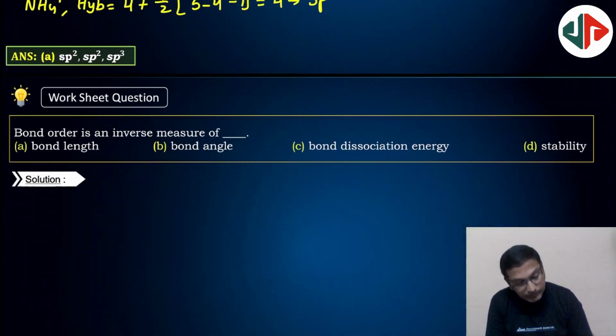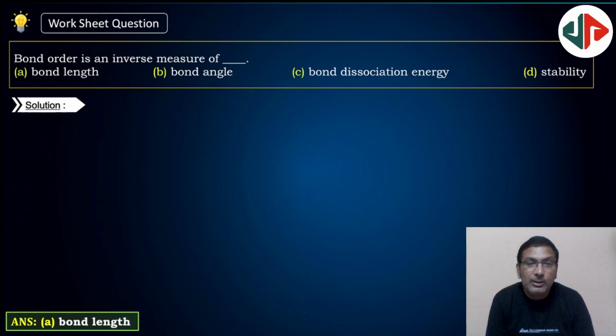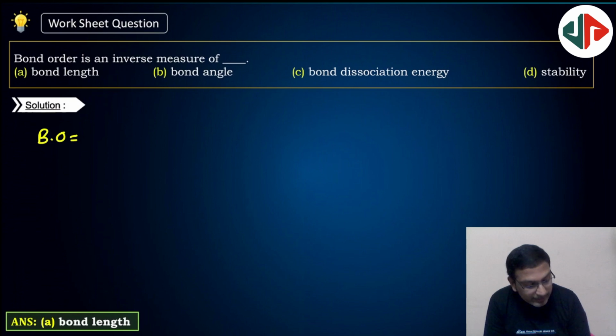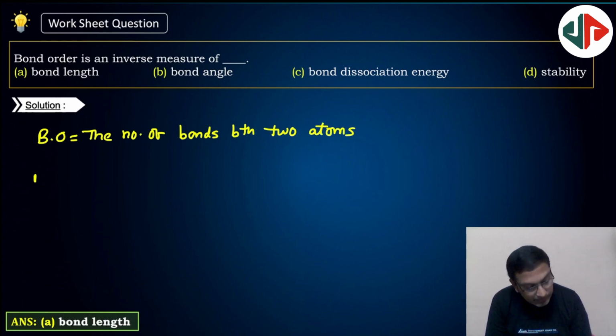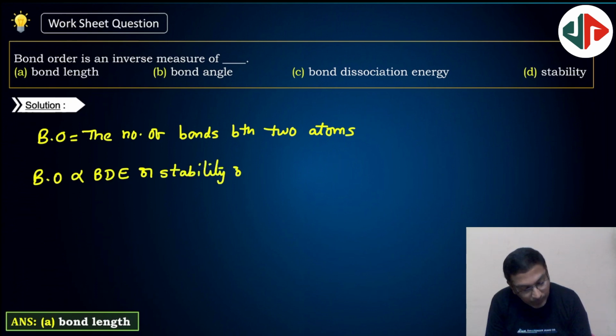Next. Bond order is an inverse measure of. So we know bond order is the number of bonds between two atoms. Bond order is directly proportional to bond dissociation energy or stability or bond energy.